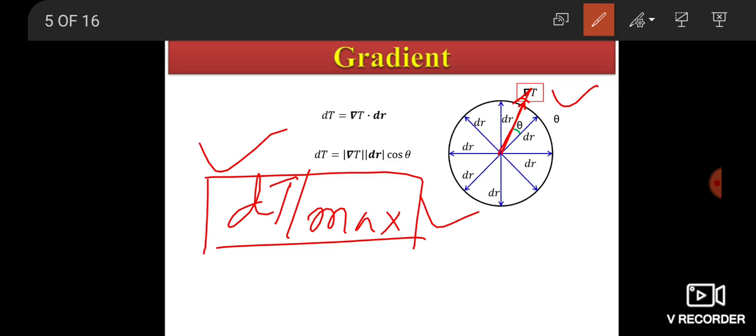So gradient of T indicates the direction of maximum change of this scalar field. We may conclude that the gradient of a scalar field points in the direction of maximum change of this scalar field.